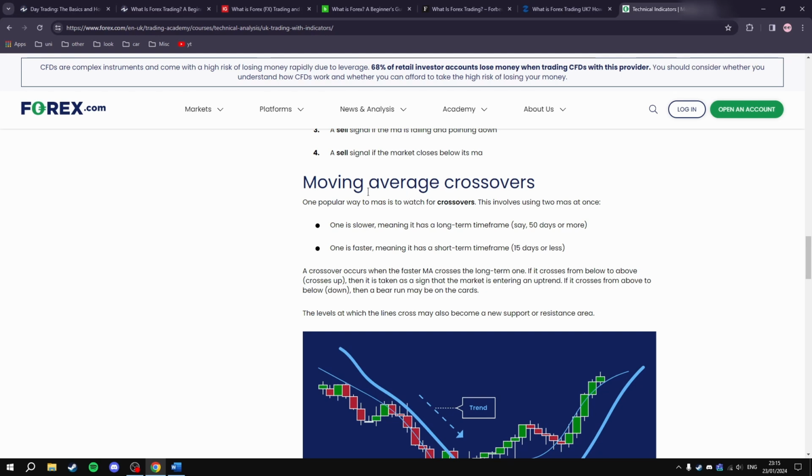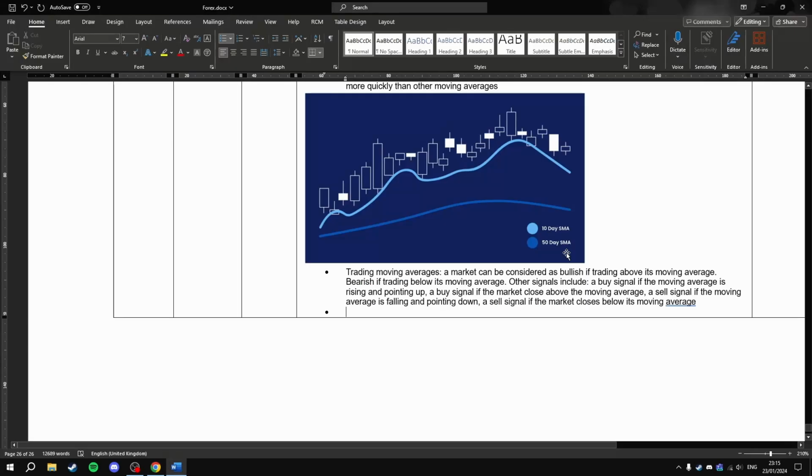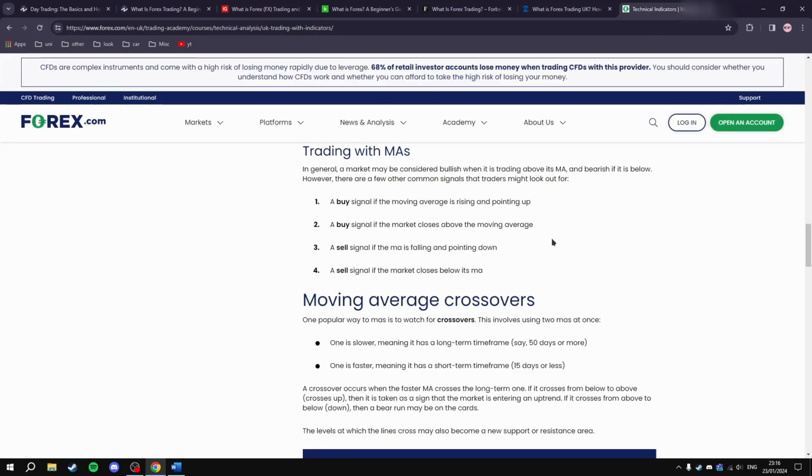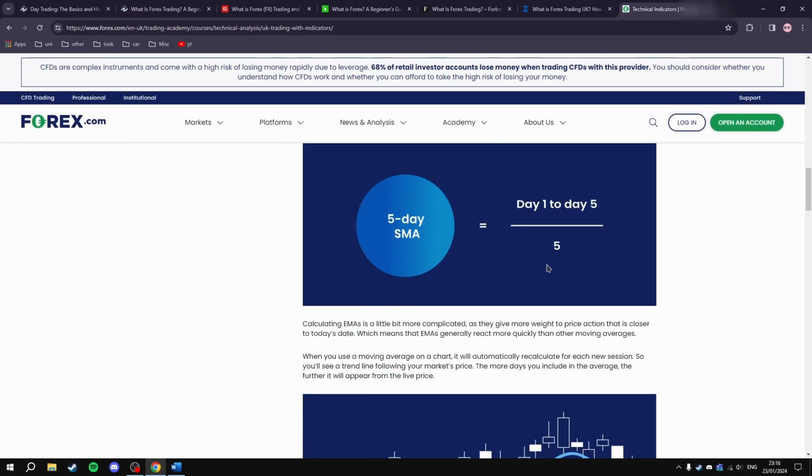One popular way to use moving averages is to watch for crossovers. This involves using two MAs at once. Now, what does MA mean?